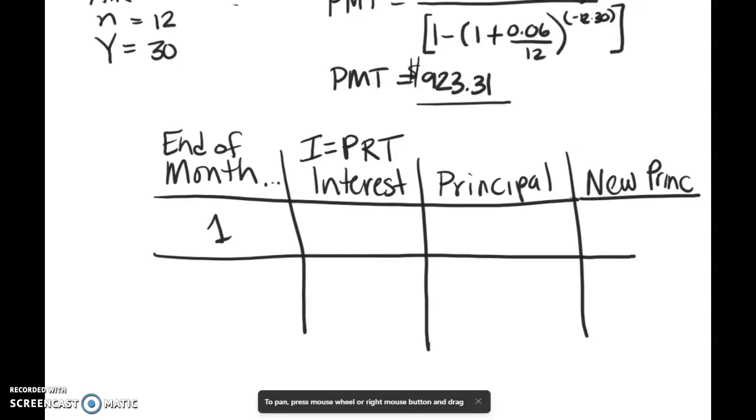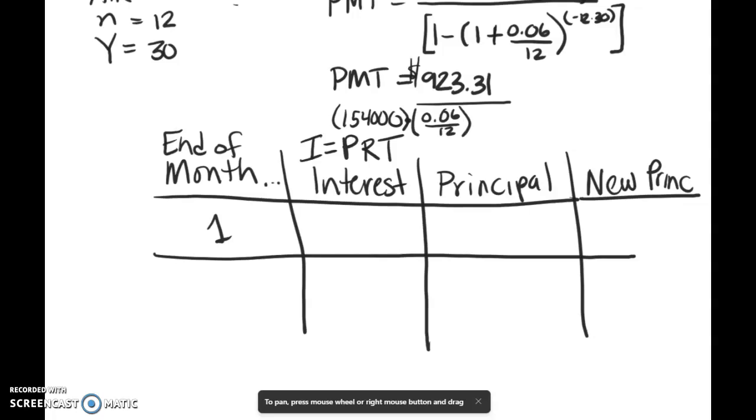so if we want to find this, we're going to take the 154,000, multiply it by the rate. Now we only want the every month. So I'm going to take the 0.06 and divide it by 12 because there are 12 months.